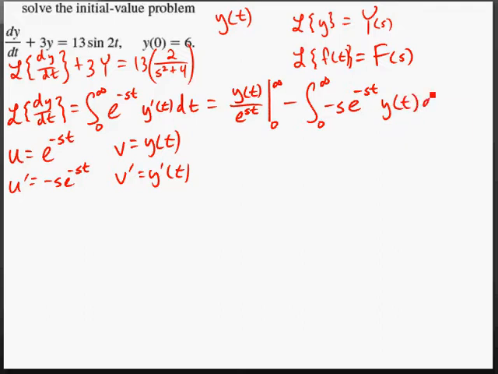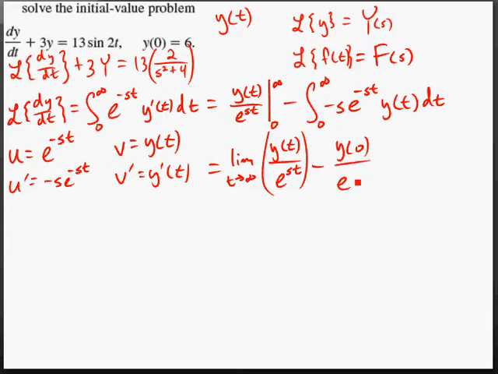which will wind up being equal to minus s e to the minus st times y of t dt. Focus on this first term here and expand that and evaluate it as t goes from 0 to infinity. That turns into the limit as t goes to infinity of y of t over e to the st. Now this is all the first part, minus y of 0 over e to the s times 0, which we know is going to be 1.